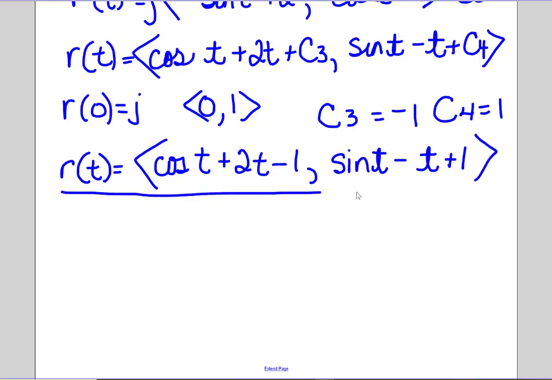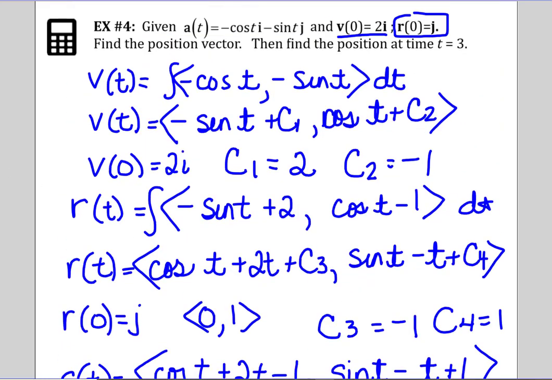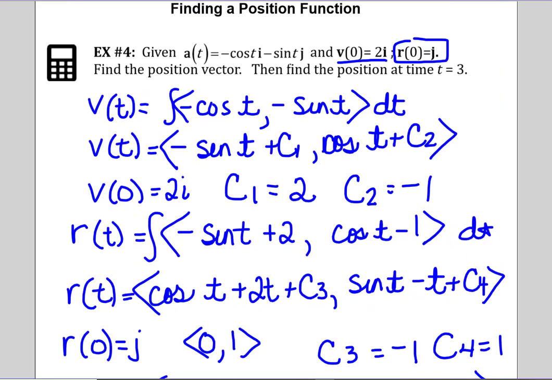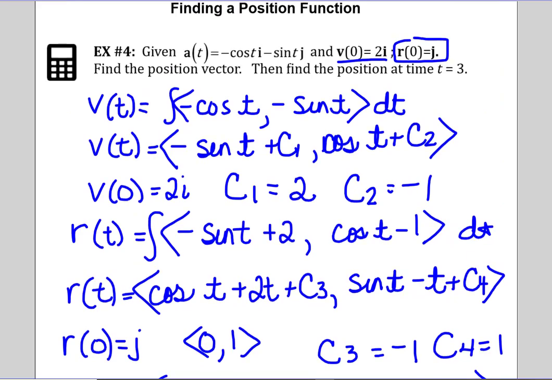So we're going to use this position vector. And then what did they want us to calculate? Find the position when time is 3.